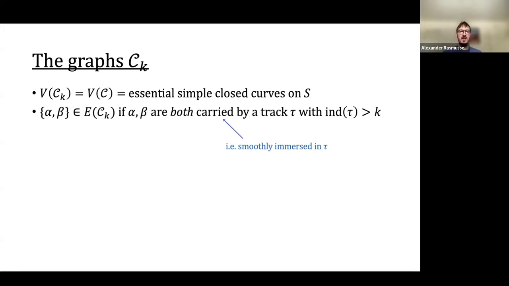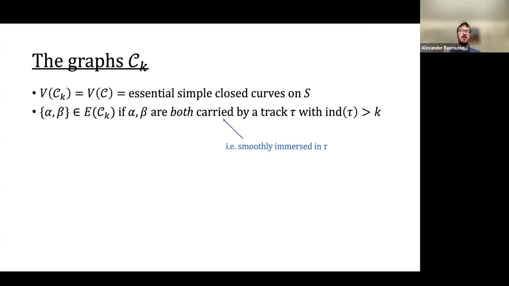Okay, so this definition is probably kind of opaque right now. So I want to say a couple things to give a little bit of intuition on what this edge relation is about. First of all, there are more edges in CK than there are in the curve graph.